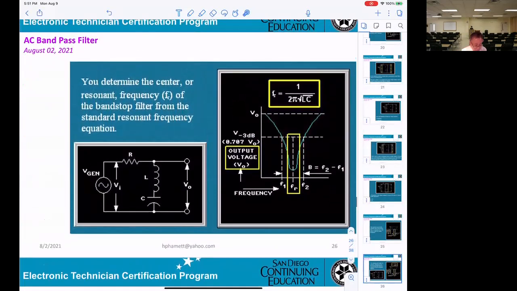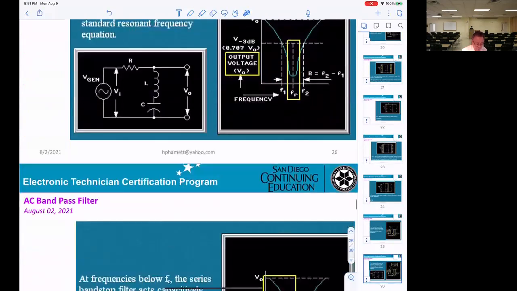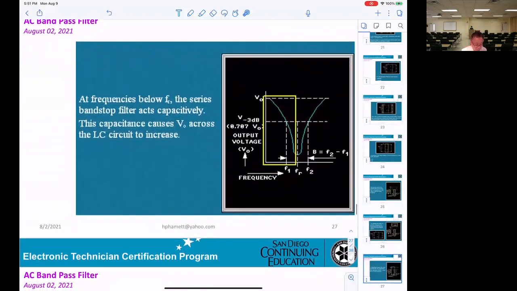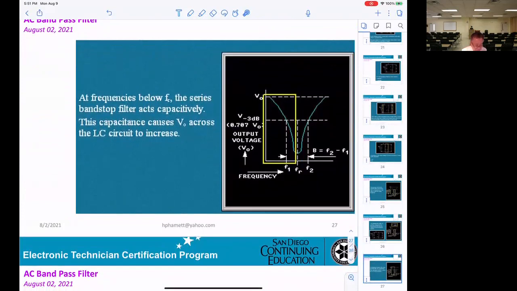Okay, so now they show you the circuitry of the band stop filter and also the output. So that one you have to read it.